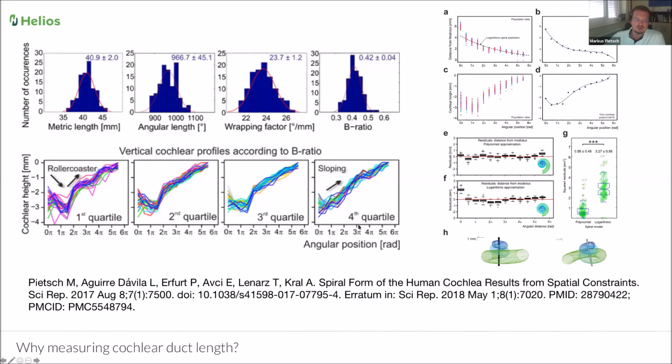And if you use those polynomial models, you get better results in the prediction of the cochlear form and cochlear length. I want to show you those models.